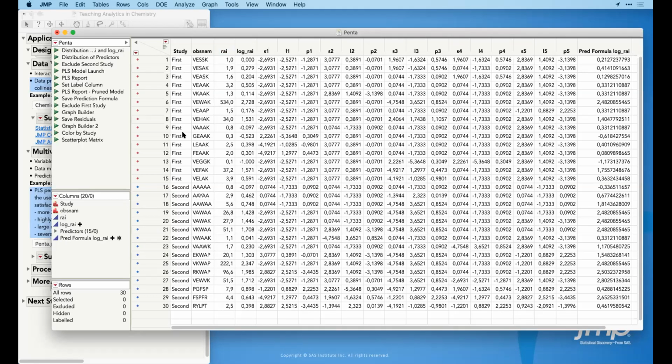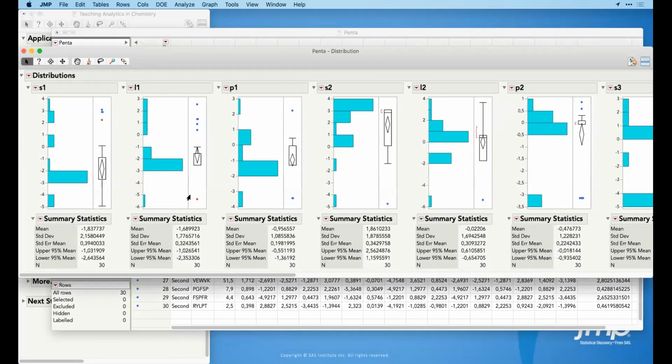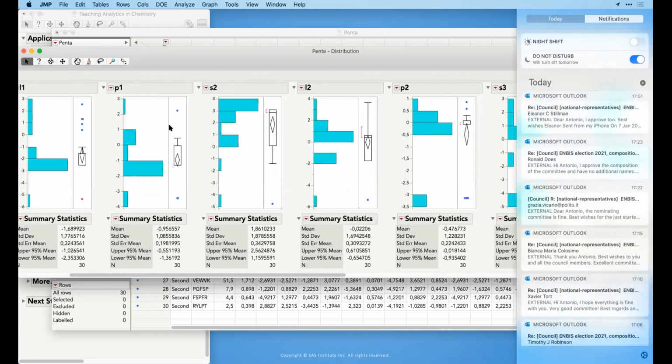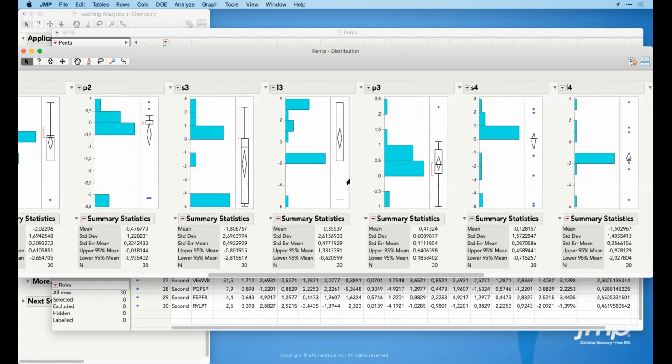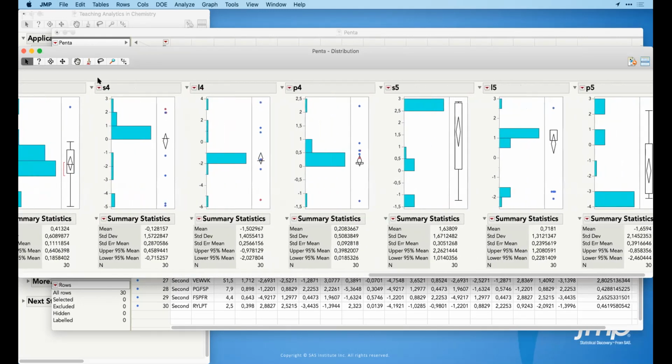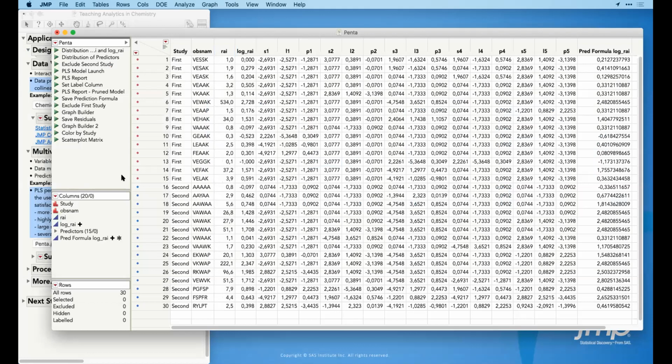So exploring the predictors, I just run these scripts here. Looking at the predictors, it's the same story. You see all the X variables, and there's nothing to cause any real concern here, but exploring predictors, looking at distributions, is always a good idea.